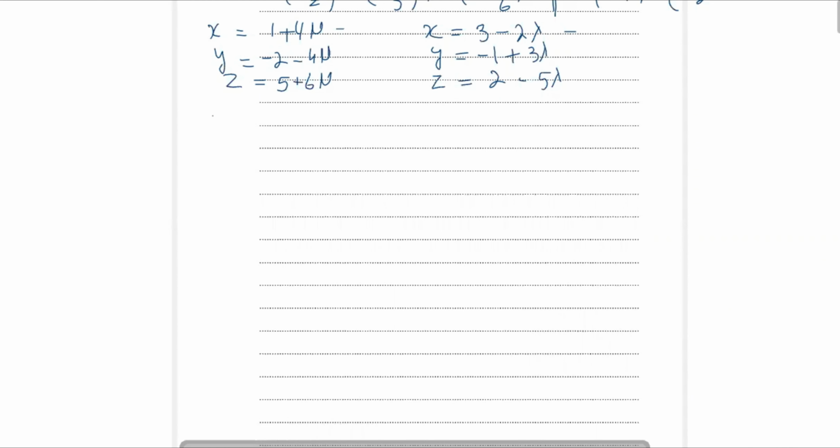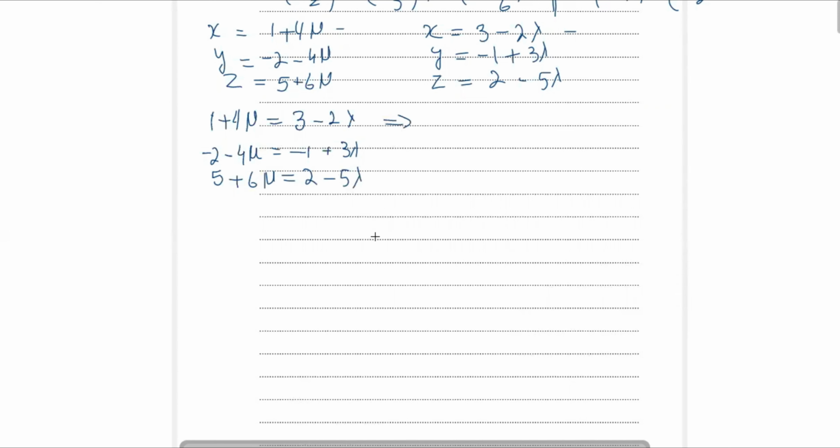You see here that the value becomes 1 plus 4 mu will be equal to 3 minus 2 lambda. And same here, next is minus 2 minus 4 mu will be equal to minus 1 plus 3 lambda. And next is the z. We compare the z equation: 5 plus 6 mu will be equal to 2 minus 5 lambda.